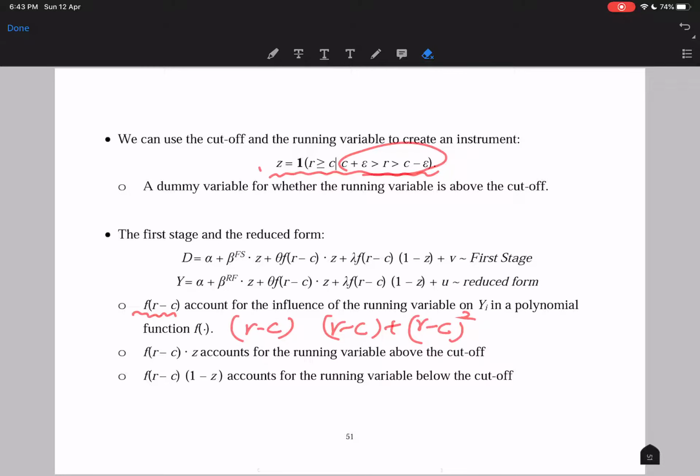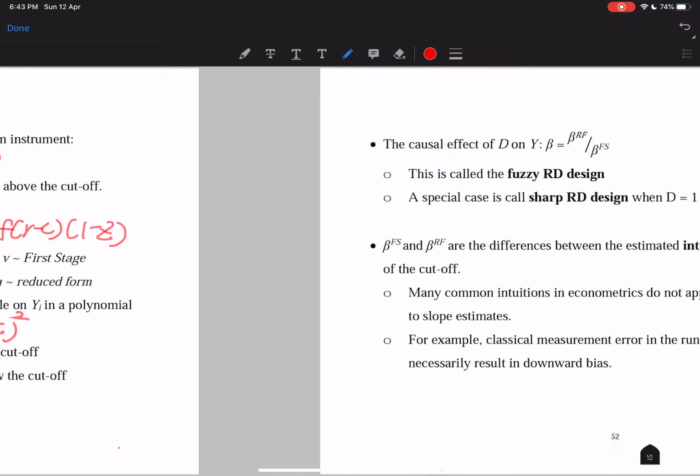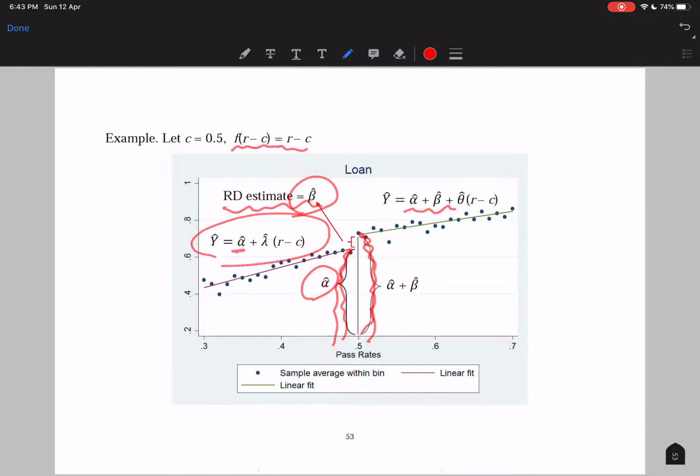You can see that, right? If z equals 0, then the first stage becomes d equals alpha plus lambda, right? So that's this term here.